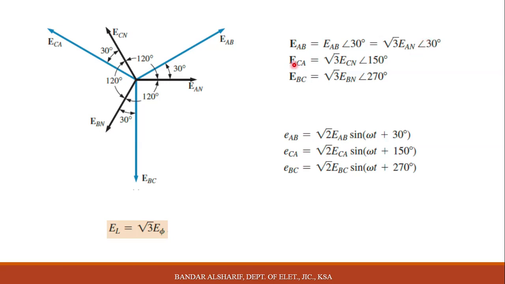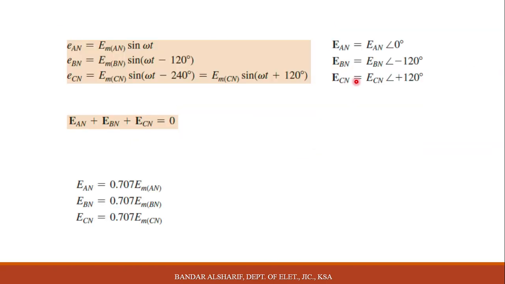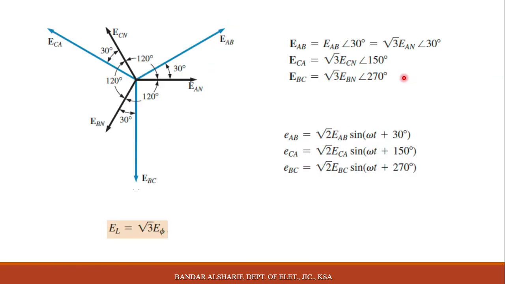What about ECA, sorry, the line voltage for CA? You will multiply the phase value for CN by root 3, then add 30 to 120. If you remember, here it was 120. Okay, this means 120 plus 30, you will get 150.